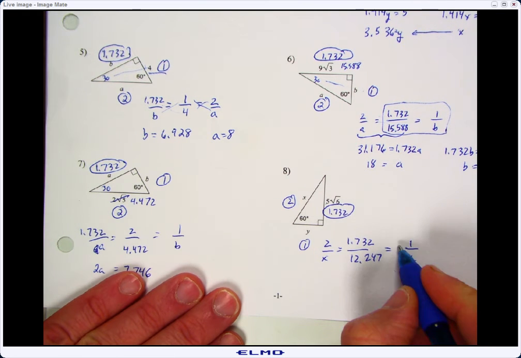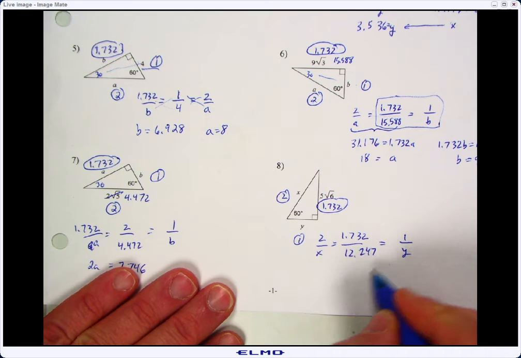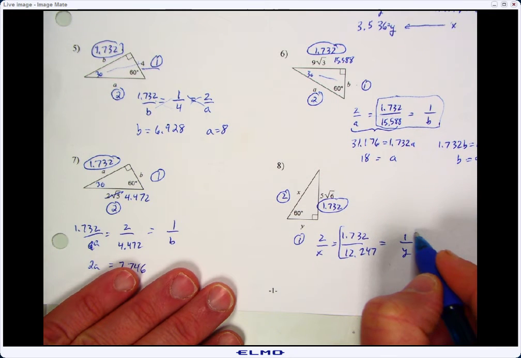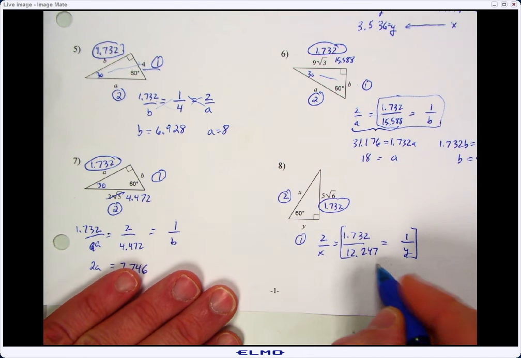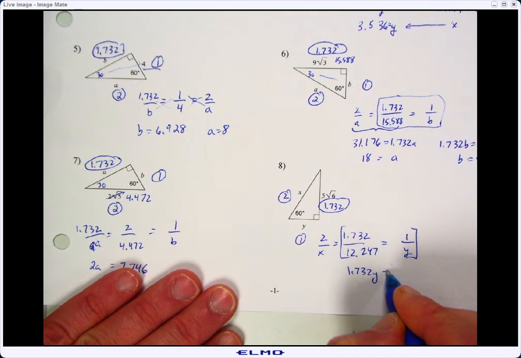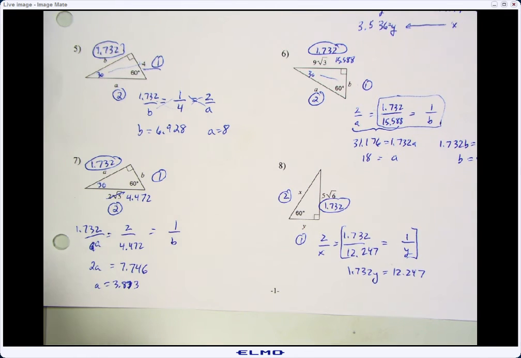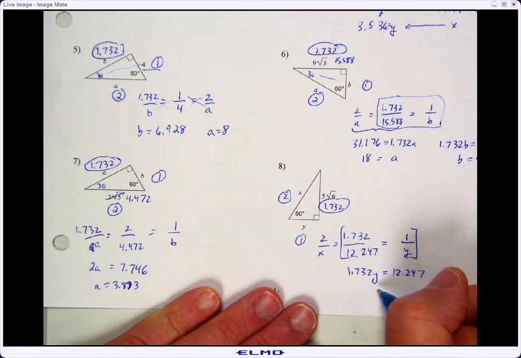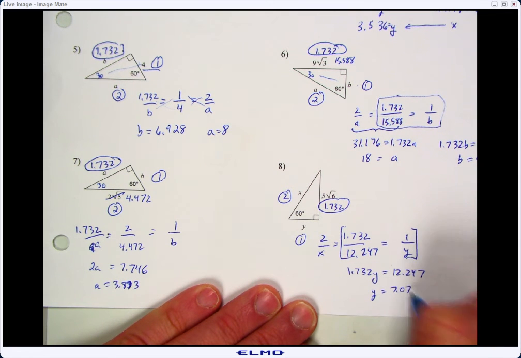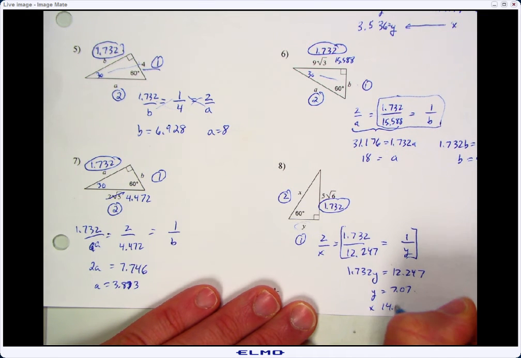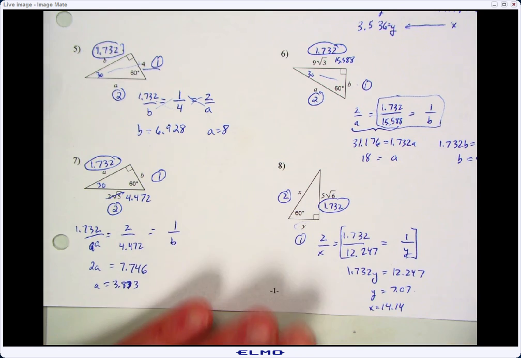So some of the time you start to catch on with these, you don't have to solve both. I'm going to solve the y, because if I know the y, I can find the x. So 1.732y equals 12.247. And you can go more decimal places if you want. And I get y equals 7.07. That means x, because y is the short side, x is 14.14. It's double that side. They're always 2-to-1.